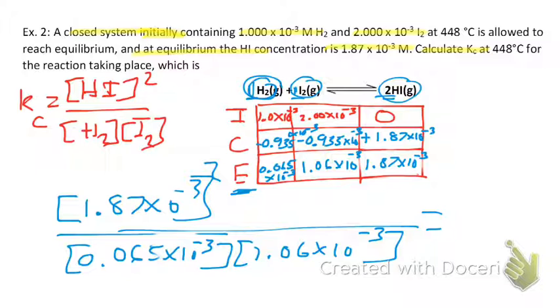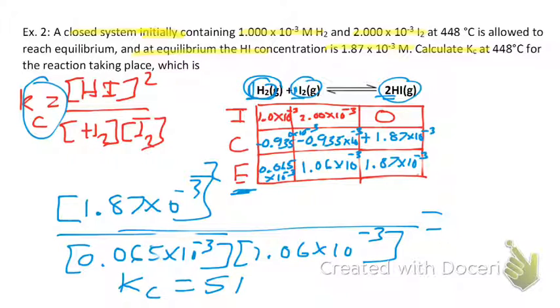And I calculated the Kc value. I'm going to squeeze this in because I don't have a lot of room here. Kc is equal to 51. Okay, so the Kc of this reaction at 448 degrees C is 51. All right, so that tells us that the Kc value is essentially greater than 1.